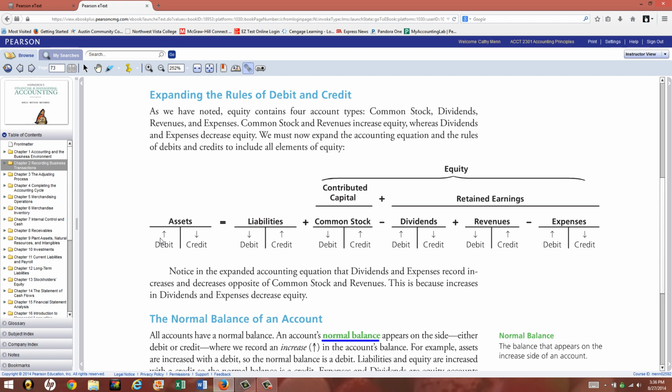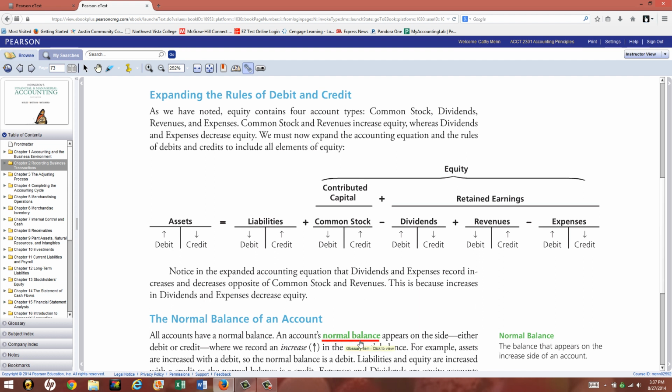So if somebody pays you $1,000 for fees earned, you're going to debit the asset, cash, because you have increased your bank account. Fees earned is a revenue account, and notice that for revenue, when it increases, it's a credit. So when we write the journal entry, we would debit the asset and we would credit the revenue account, and that's called using our normal balance.